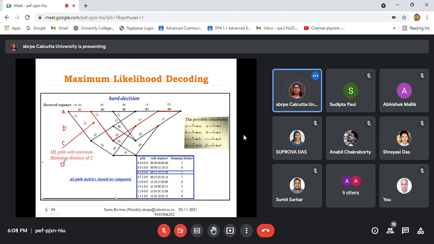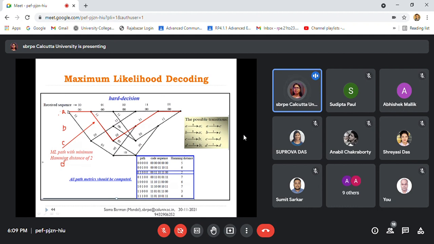A is your initial state and the final state is also A. Every path has to be considered to decode your information. Suppose at time t1, initially it is 0 0 0.